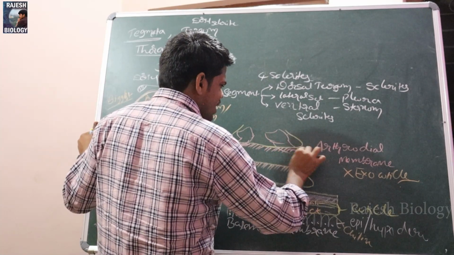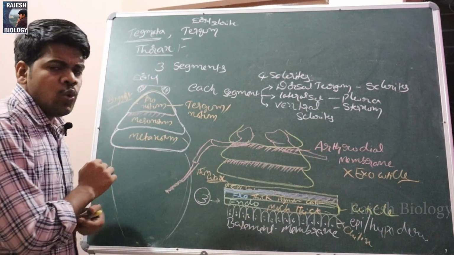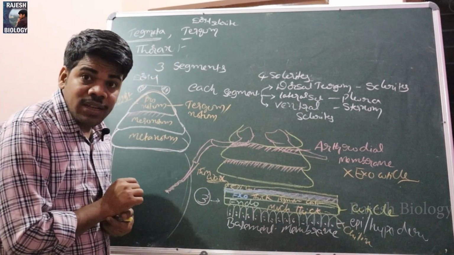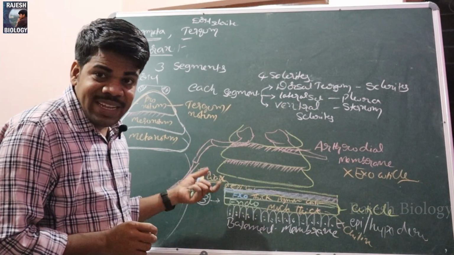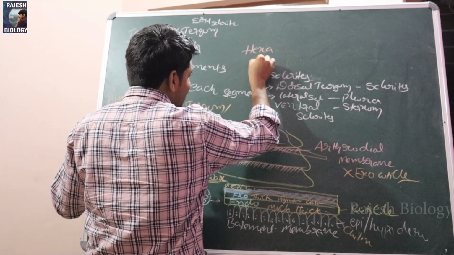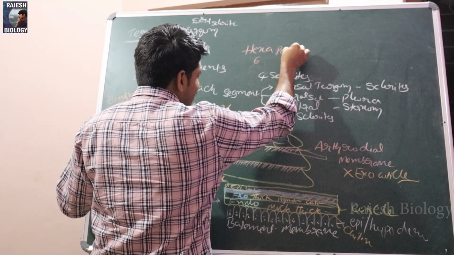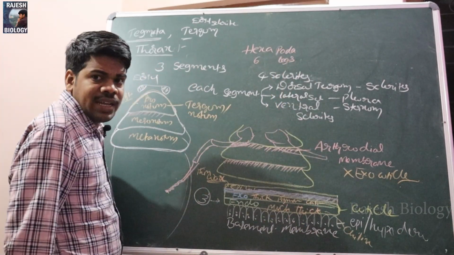So how many thoracic segments are there? 3 thoracic segments. 3 into 2, 6 legs. That's why the class insects is also called Hexapoda. Hexa means 6, poda means legs. 6 legs are there, that's why it is called Hexapoda.